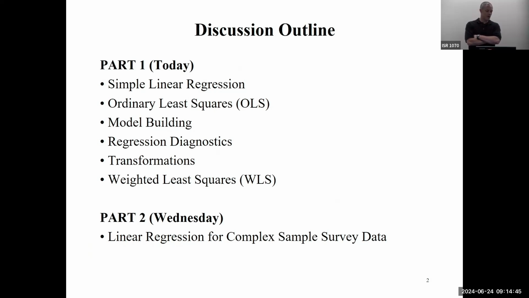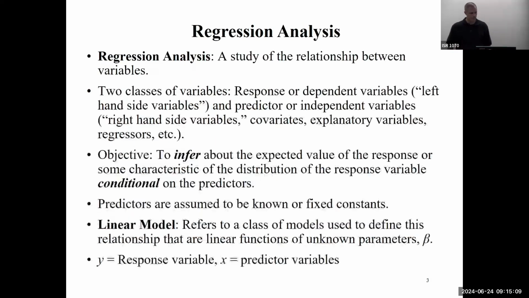Then in part 2 on Wednesday, we're going to discuss what changes when we're fitting linear regression models to data from complex samples. Given that solid conceptual understanding of the basics for simple random samples, we'll see what gets modified and adapted when we're dealing with data from complex samples.